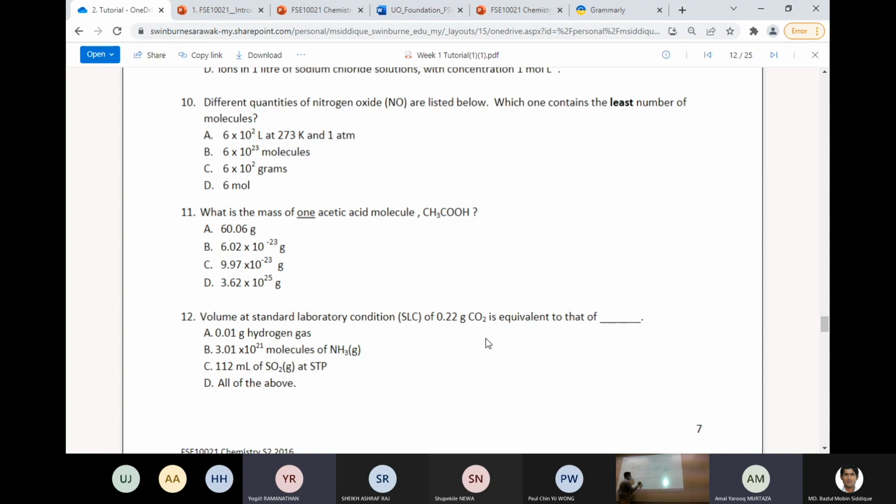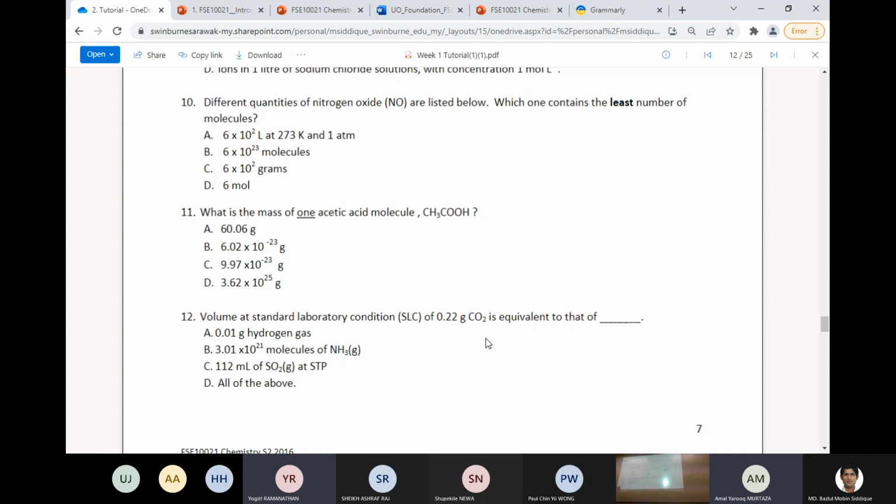One thing is, from the gas law, we know that at standard temperature and pressure, or SLC, standard laboratory condition, any gas that has the same number of moles will occupy the same space. It doesn't matter how big or small the molecule size is. If the number of moles is the same, it is going to occupy the same space.